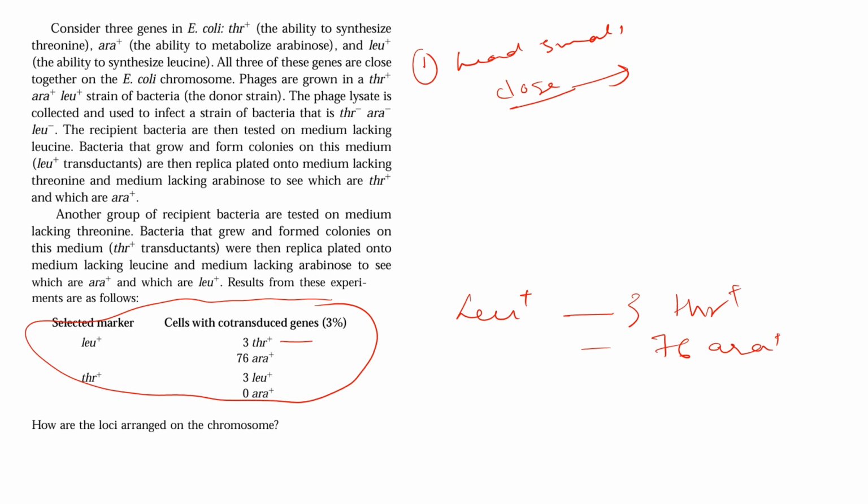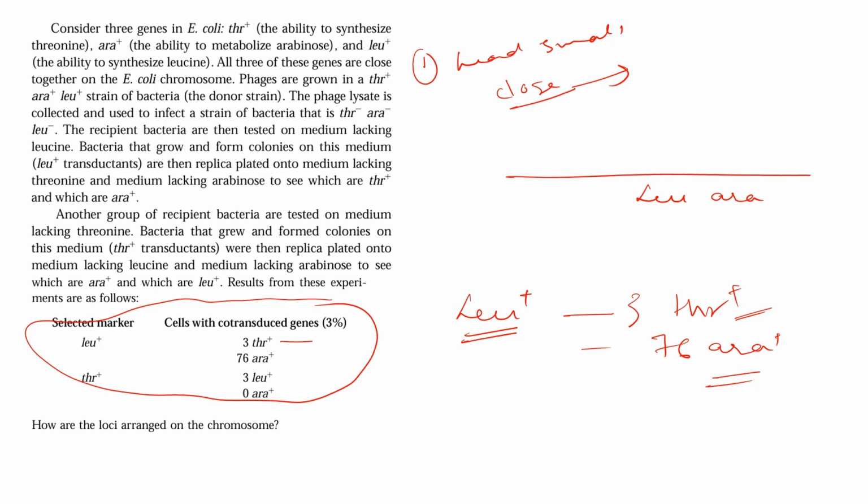So with respect to the leucine gene, 3 cells contain the threonine gene and 76 cells contain the arabinose gene. From this, it is quite certain that leucine and arabinose are very closely placed genes.